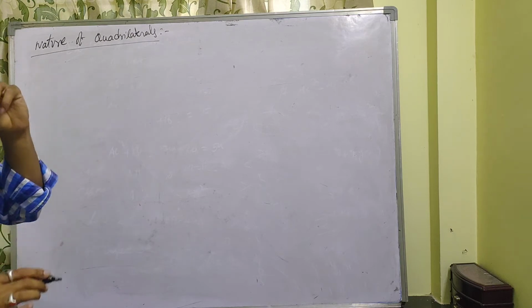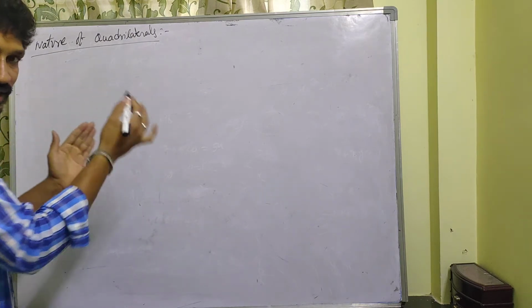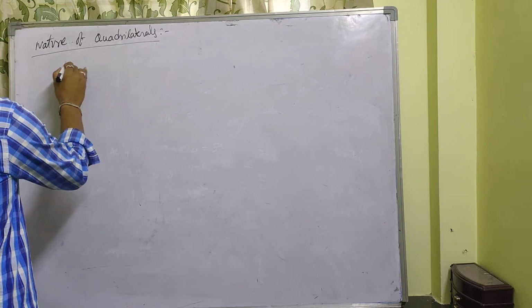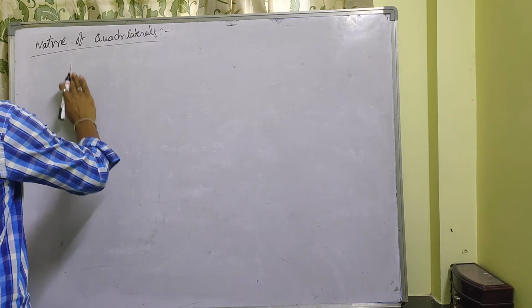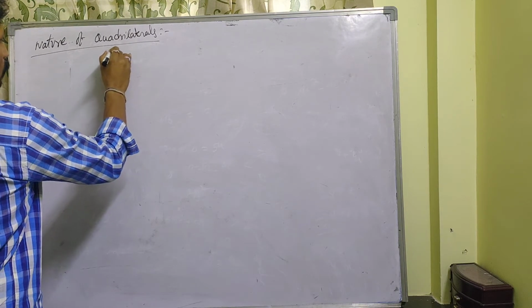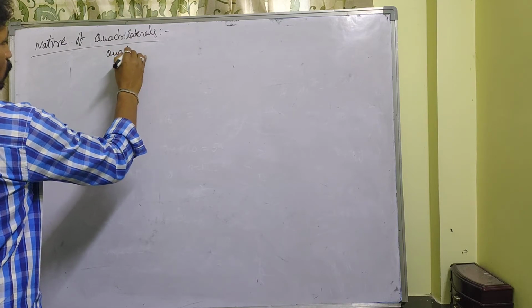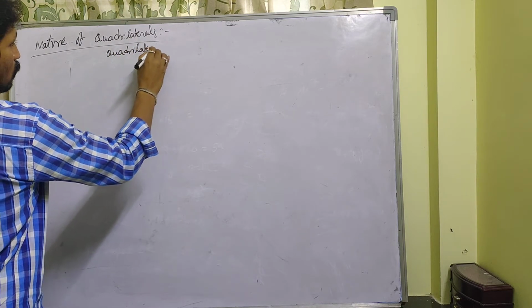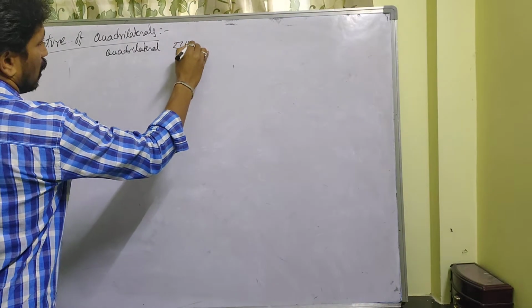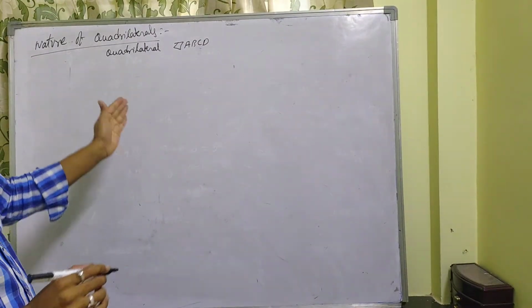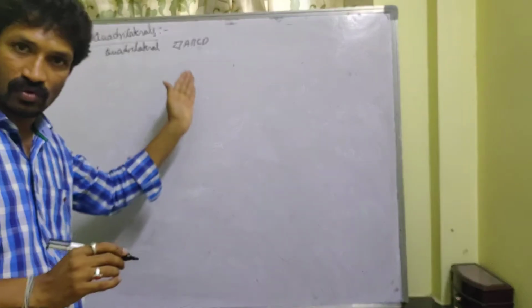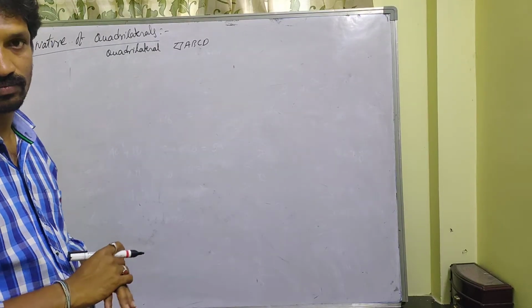See here, in 10th class, if you want to say a quadrilateral ABCD, whatever it may be, is a parallelogram, rectangle, square or rhombus.